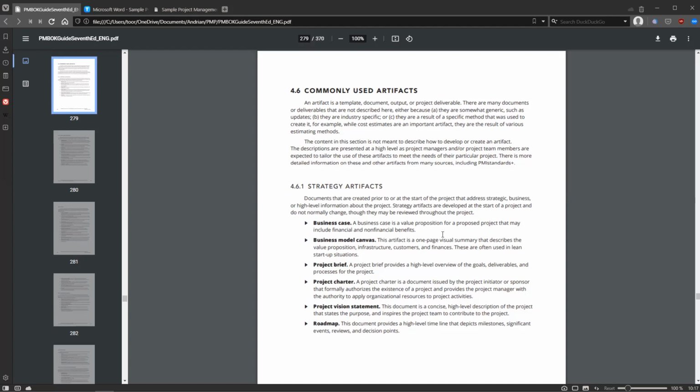First of all, let's understand how the project starts and where the documentation comes in. A lot of people don't understand the point of documentation around project management, and that's a big problem.